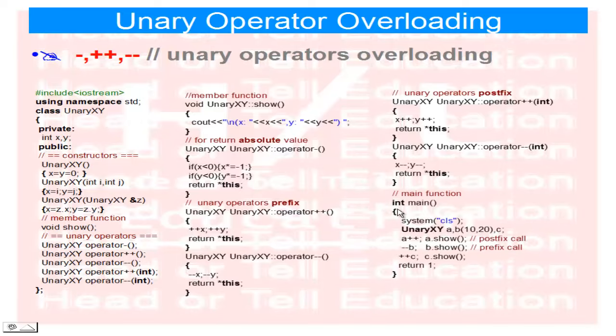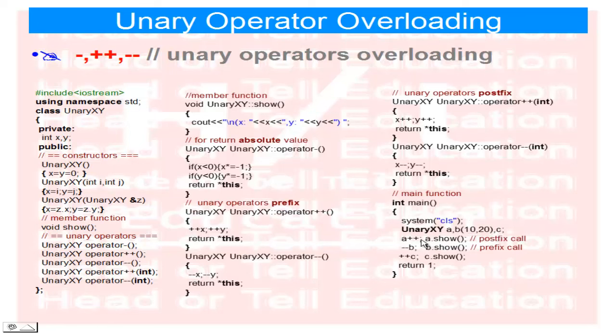Okay, now next, write a function to call or work like this overloading. So create the main function, system cls means clear screen, create the object unary xy a, and create b passing values 10 and 20, and an empty object c.